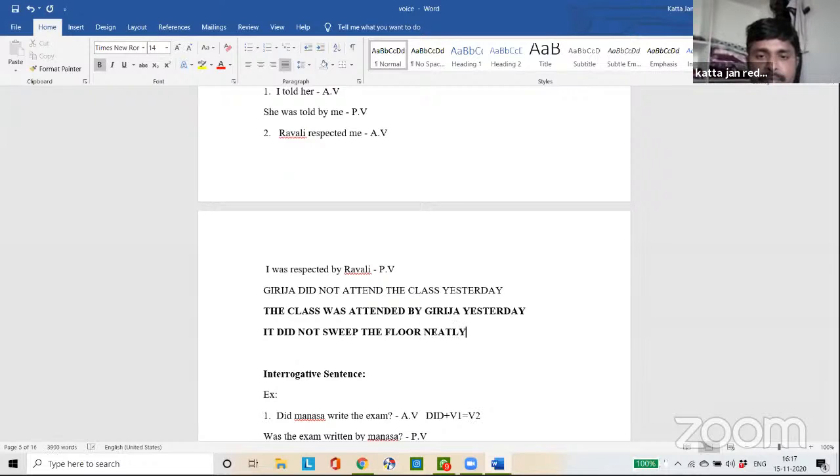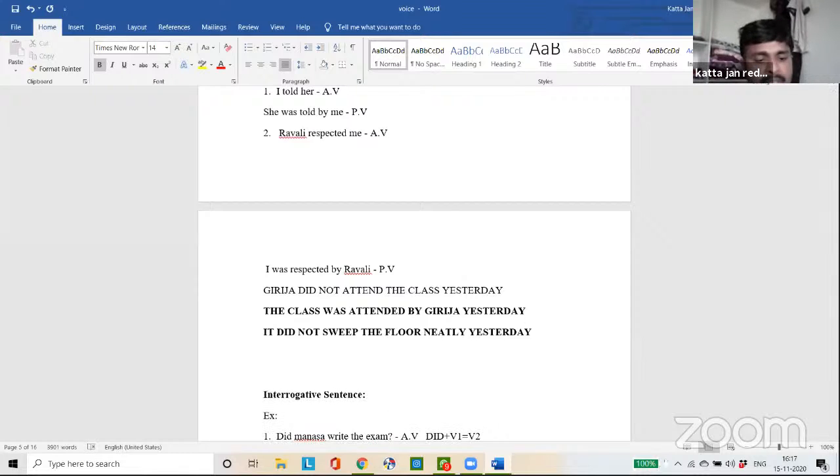Neatly, and yesterday. He did not sweep the floor neatly yesterday, right? So this is the sentence now. I extended a word here, neatly. Yesterday is already given in the sentence above.